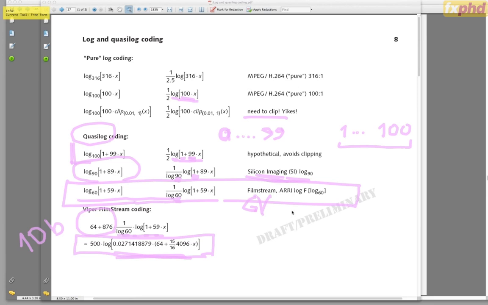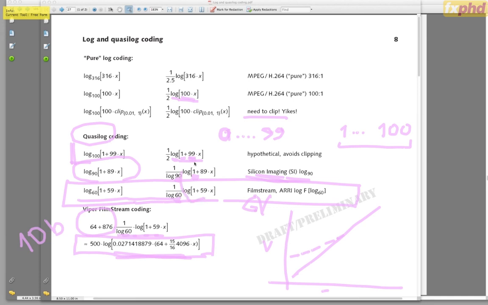And second, don't have a pure log code that goes from log exposure to video signal as a straight line. Instead, kind of round it or warp it a little at the bottom end. That has serious noise advantages.